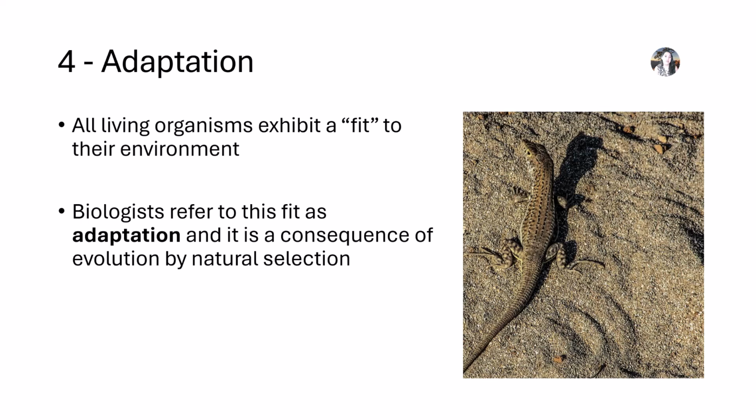So that's how over time organisms seem really well fit to their environment, because nature has selected the ones that are best suited to that environment. We refer to that as adaptation when an organism is very well suited to its environment.